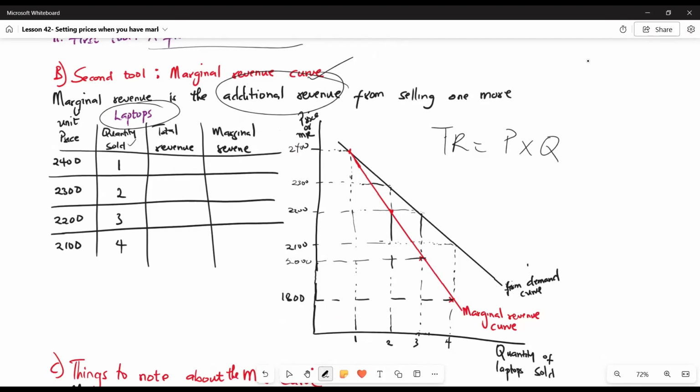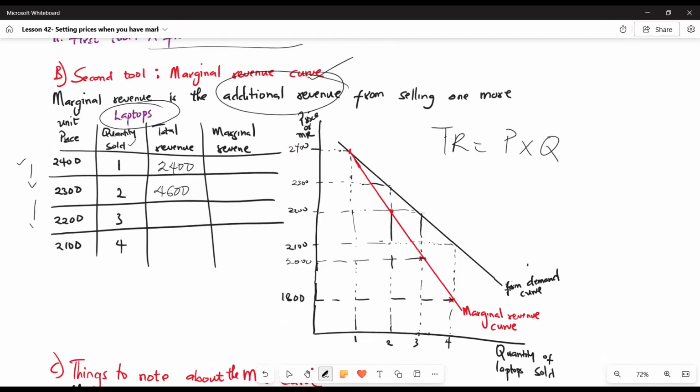So when the price of the good was 2,400, the quantity sold is 1. So the total revenue is simply 2,400. Now when the price of the good reduced to 2,300, the quantity sold increased to 2. So the total revenue is 2 times the price, which is 4,600.